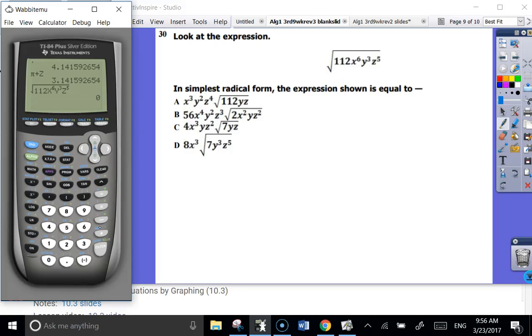I'm not sure why mine, somehow I didn't get the z stored. Okay.